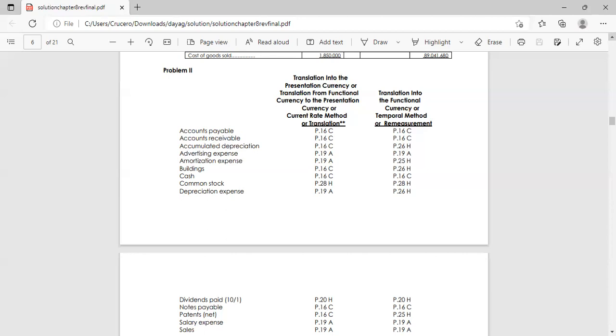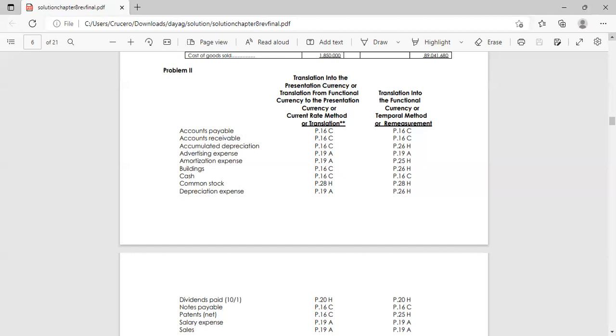However, under method number 2, again for amortization, we use the historical rate of original acquisition, either at the date of purchase or historical cost items, or on the date of valuation for items carried at their fair value.